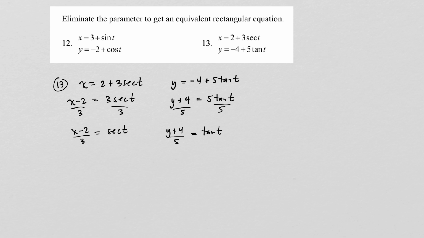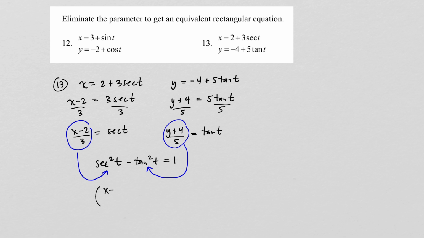And what do we know about secant and tangent? Well, we have an identity that says secant squared of t minus tangent squared of t is equal to 1. And so all I need to do here is substitute (x minus 2) over 3 for secant and (y plus 4) divided by 5 for tangent. If we do that, we end up with ((x minus 2) over 3) quantity squared minus ((y plus 4) over 5) quantity squared is equal to 1.